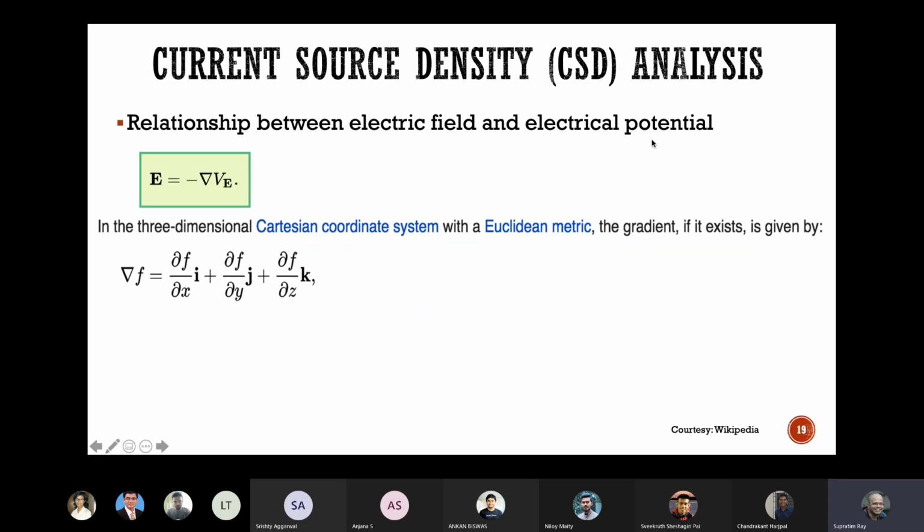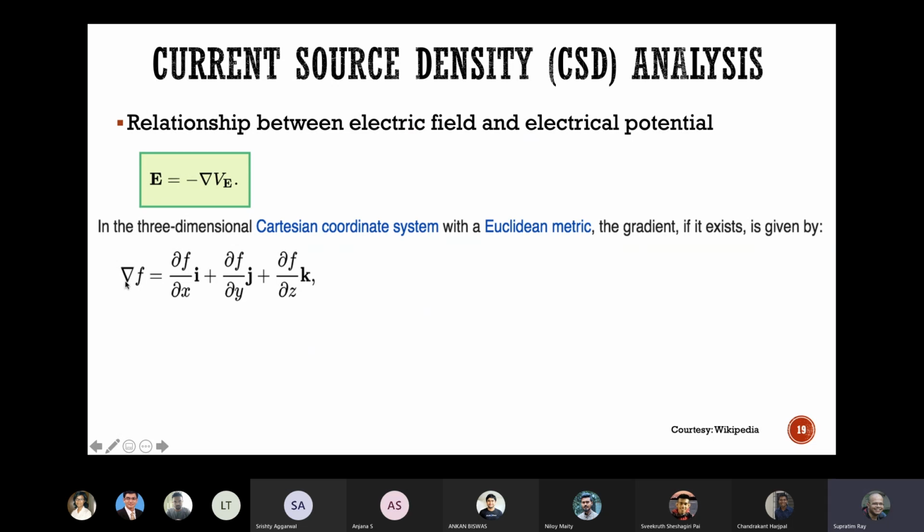From the electric potential given here as VE, which is a scalar quantity, you can compute what is called an electric field. And the electric field is just the gradient of the voltage with a negative sign.